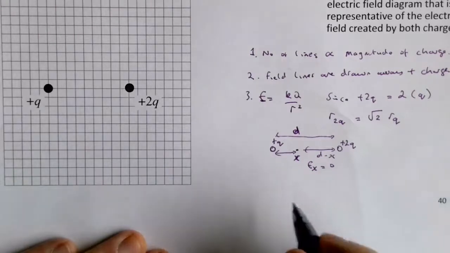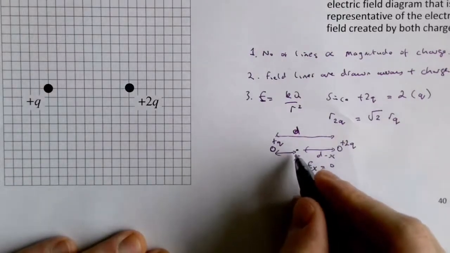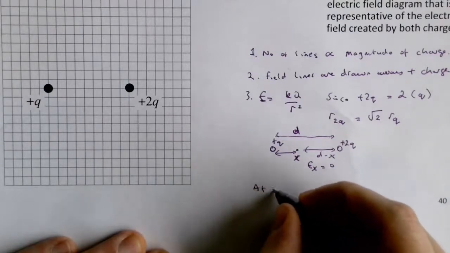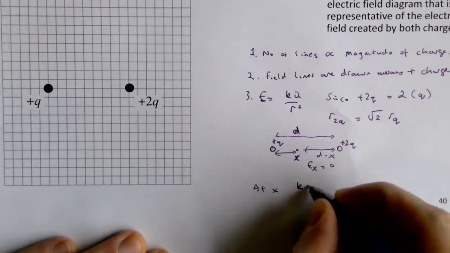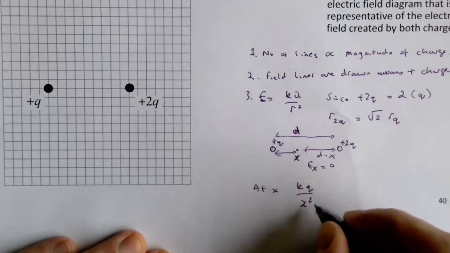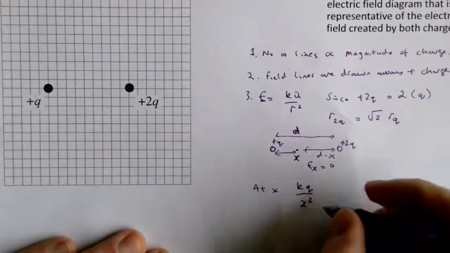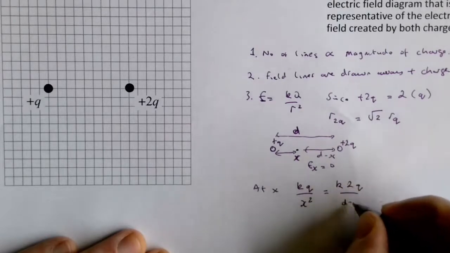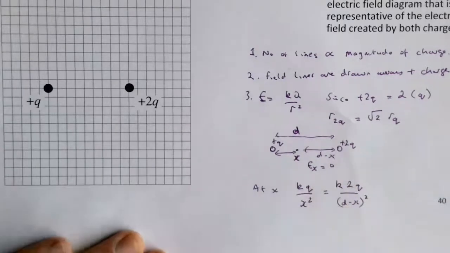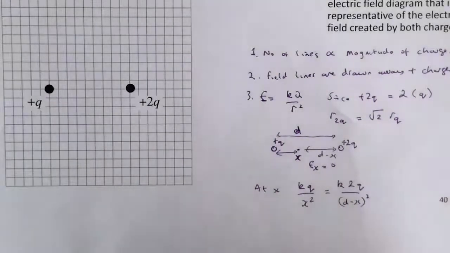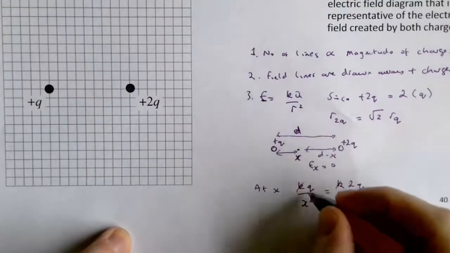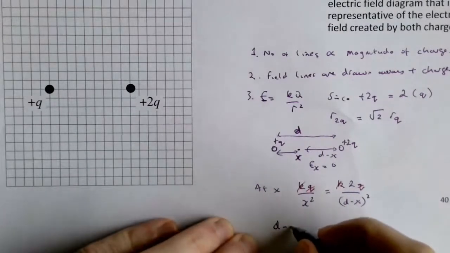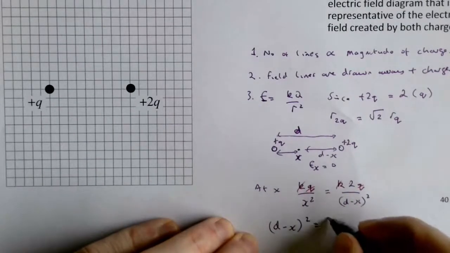So we can say that for the field at x to be 0, the field due to the plus q, kq over x squared, has to be equal to the field due to the 2q, k2q over (d minus x) all squared. So we can cancel out the k's, we can cancel out the q's. So I end up with (d minus x) all squared equals 2x squared.